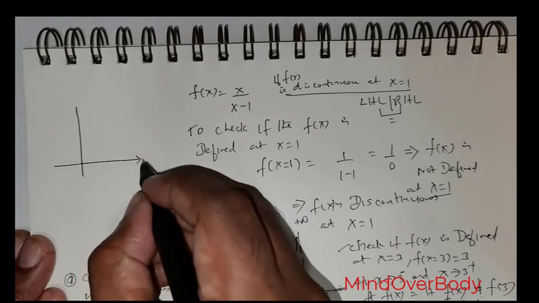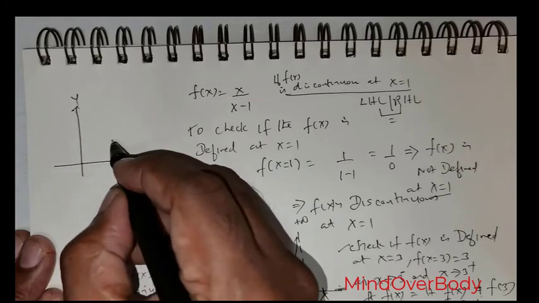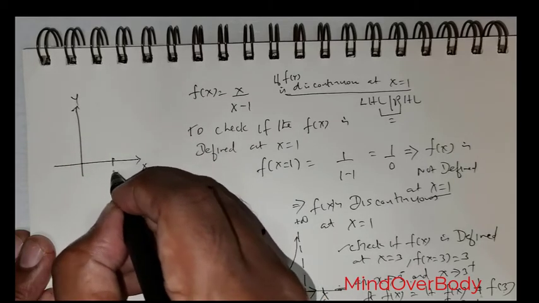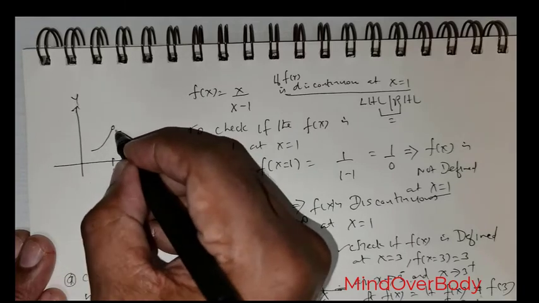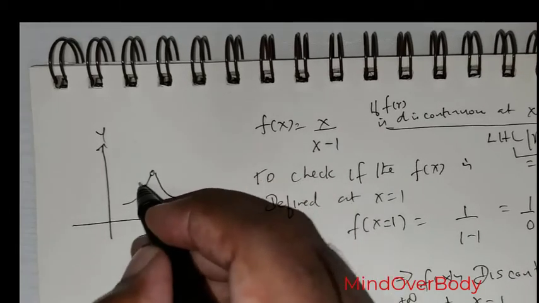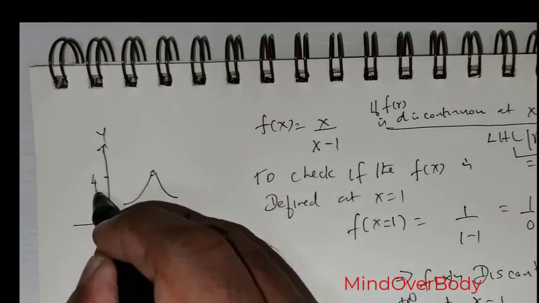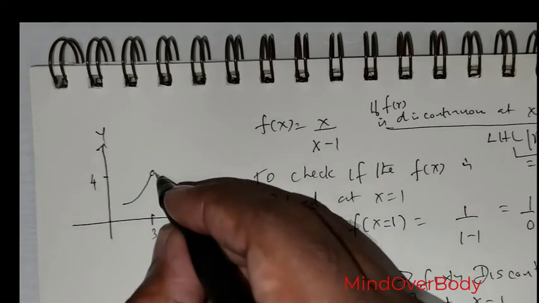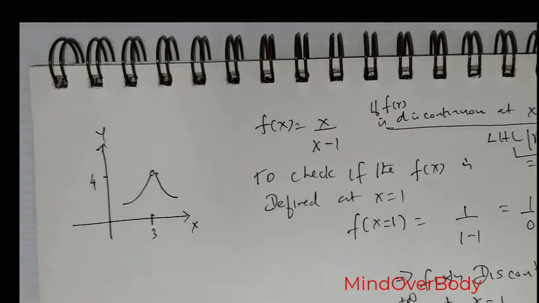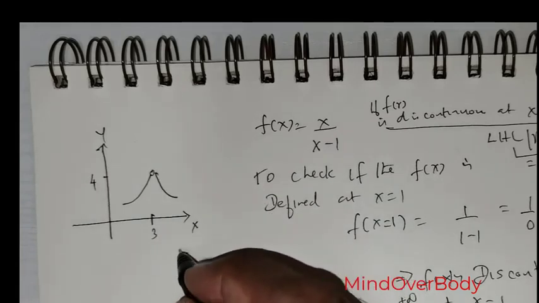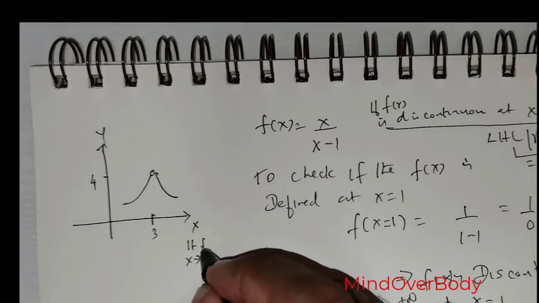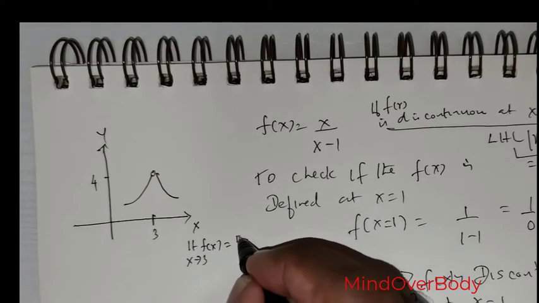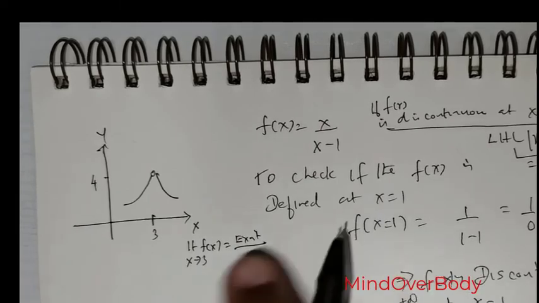You've got x-axis and y-axis, and say a point 3, and the function is looking something of this fashion. So there is a hole here. Now clearly limit x tending to 3 of f of x exists, right?